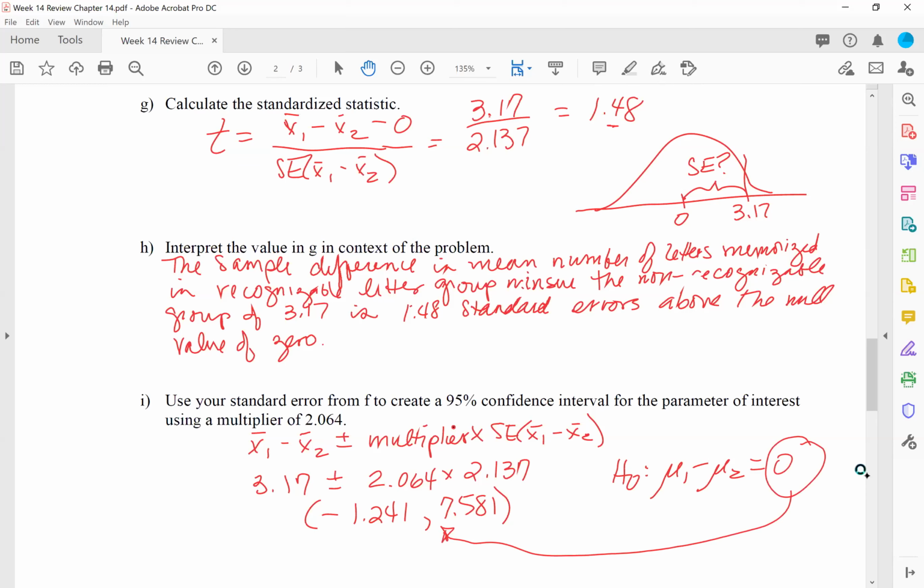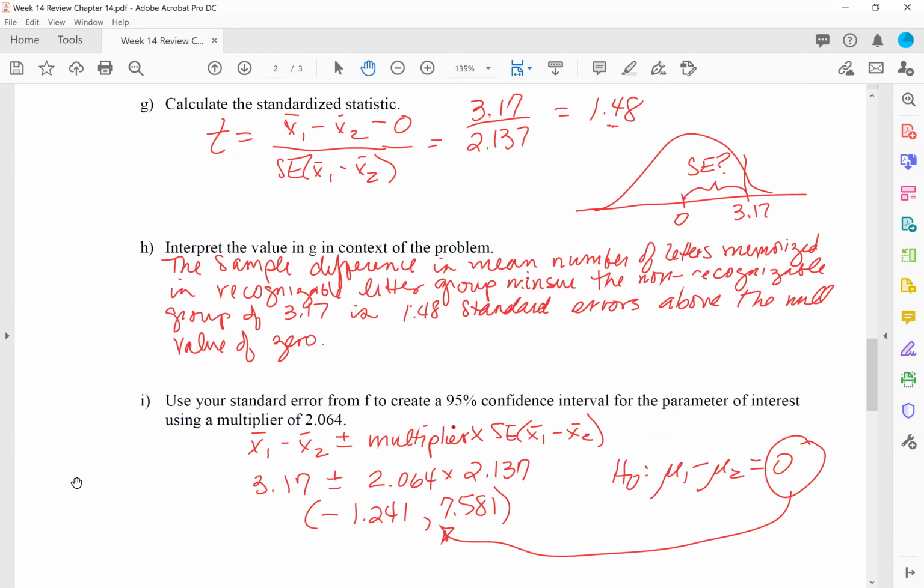Is 0 in my interval? Yep. So when 0 is in our confidence interval, or the null value is in the confidence interval, that says, hey, we really don't have evidence against the null because it's plausible that that difference is equal to 0.